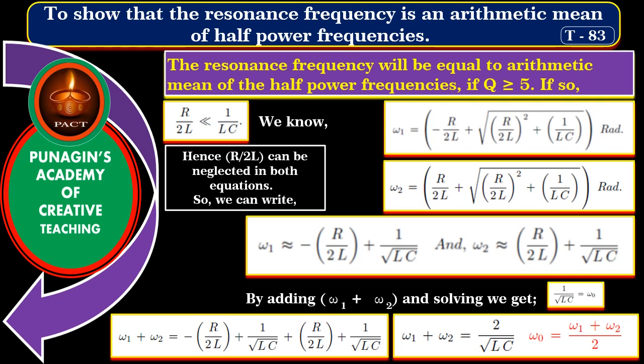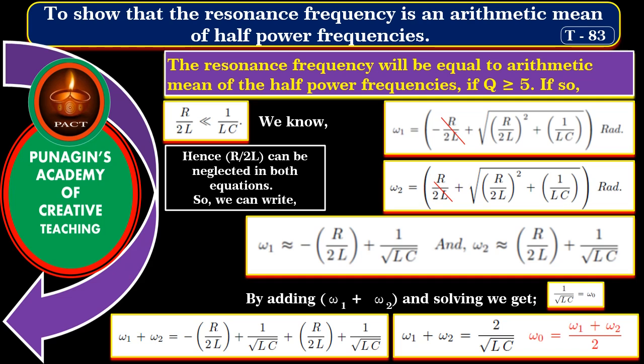And also we know omega 1 is equal to minus r by 2l plus square root of r by 2l whole square plus 1 by LC radians. And omega 2 is equal to r by 2l plus square root of r by 2l whole square plus 1 by LC radians.